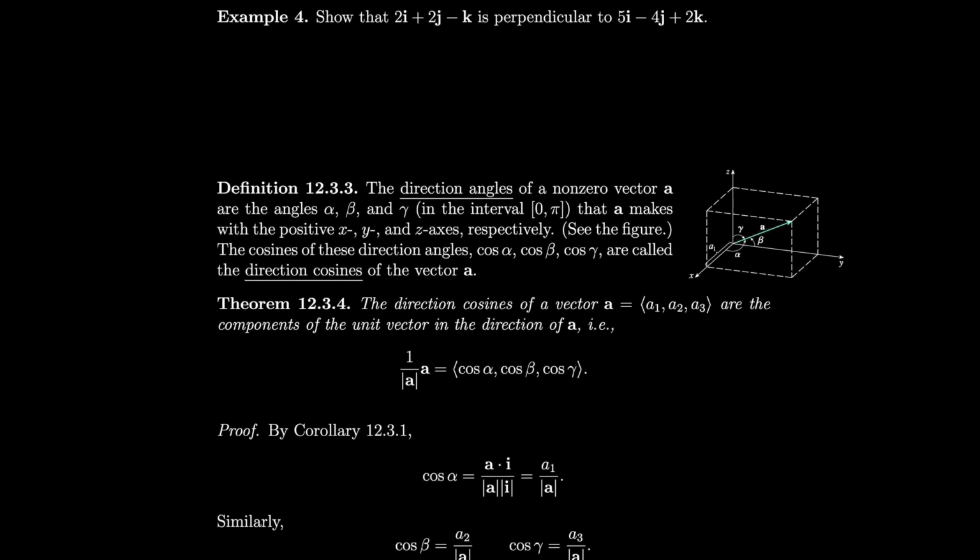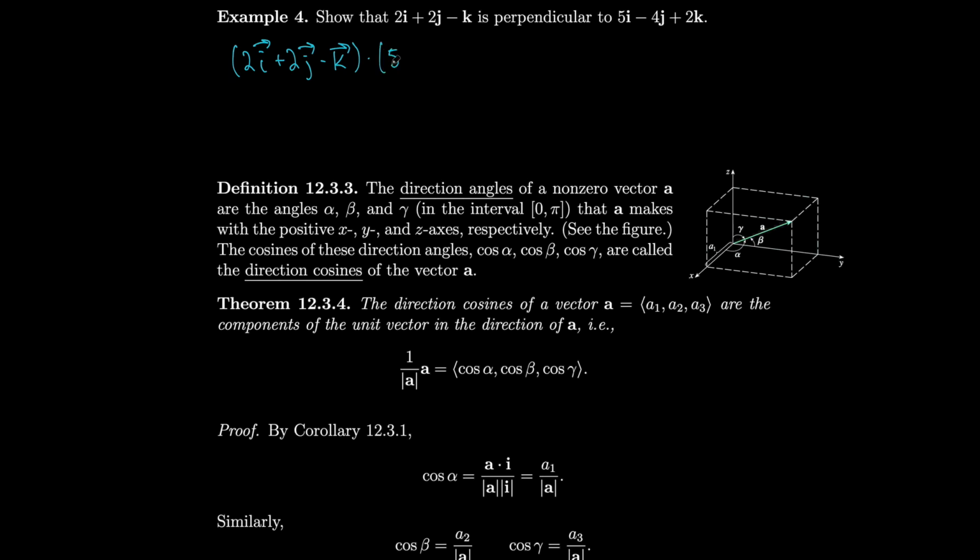So let's do an example. We will show that these vectors are perpendicular. So we'll take 2i plus 2j minus k. We will dot that. I forgot my dot.